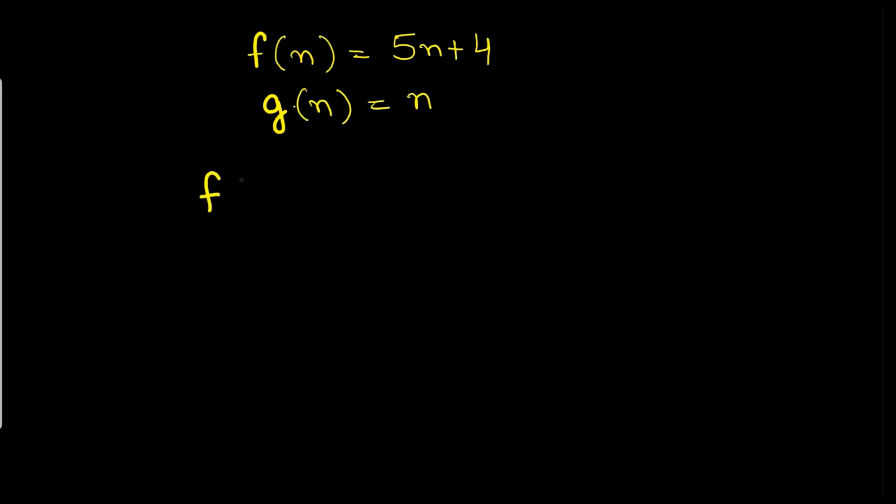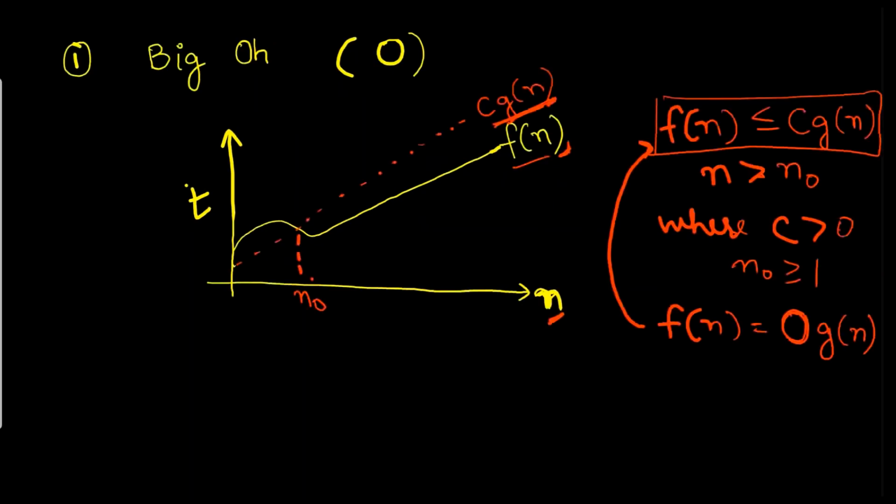Let's understand this with an example where f(n) is equal to 5n plus 4 and g(n) is also a function which is equal to n. Now we have to prove f(n) is equal to order of g(n), and that can only be true if f(n) is less than or equal to c·g(n).